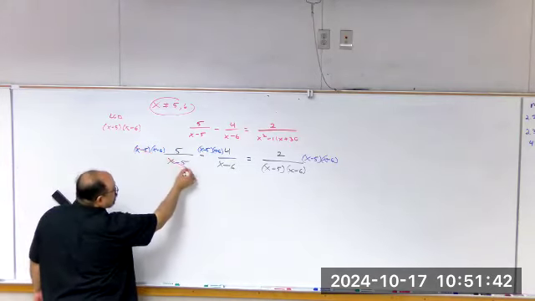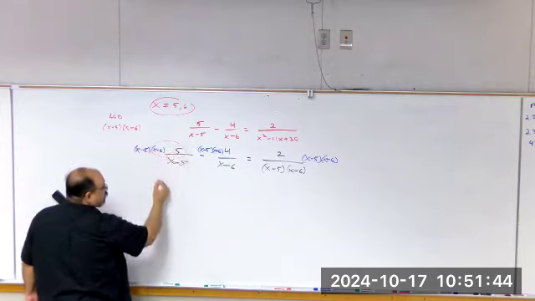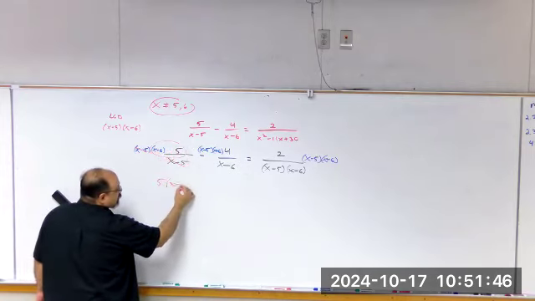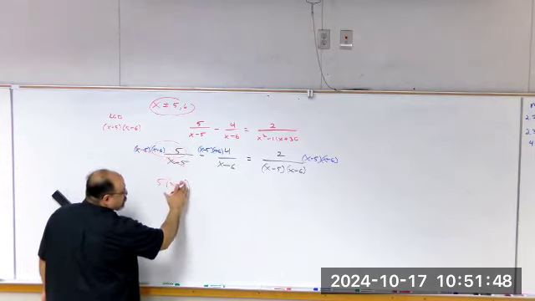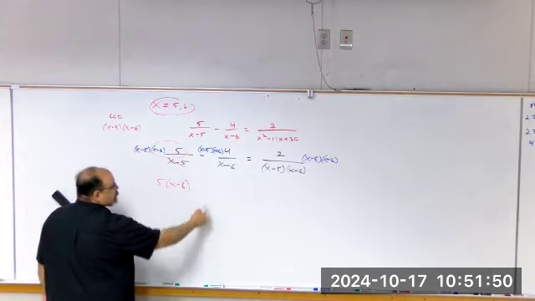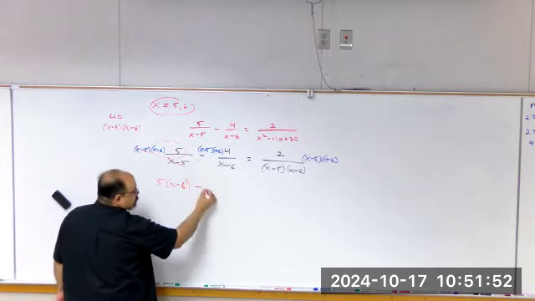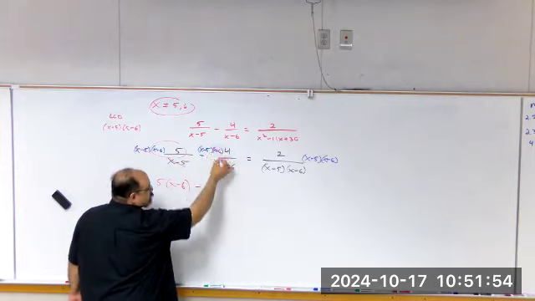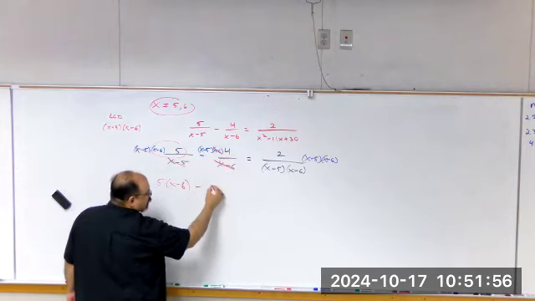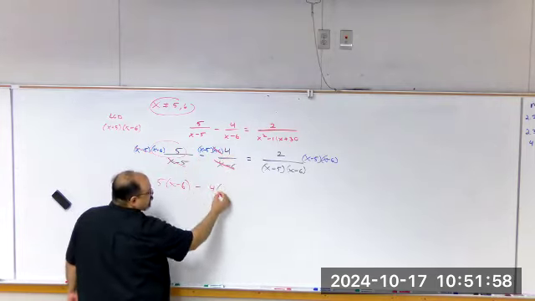x minus 5 reduces, and we're left with 5 times x minus 6. Minus, x minus 6 reduces, we're left with that 4 times the x minus 5.